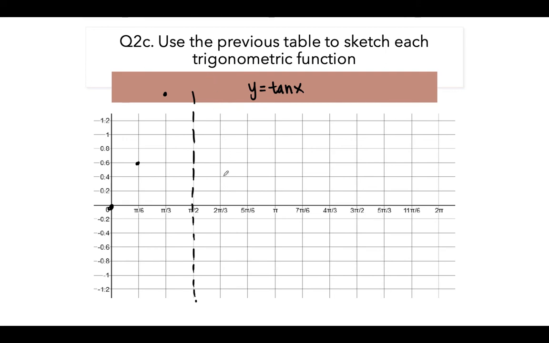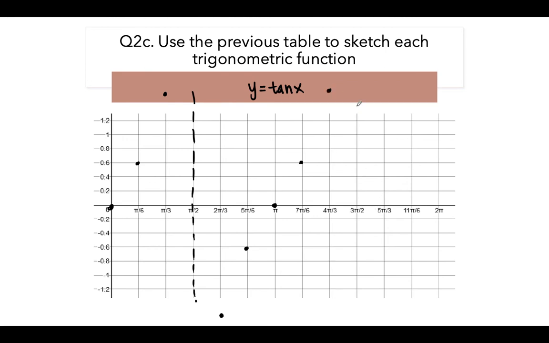And then 2 pi over 3, the output was negative 1.7, so it's like all the way here. Tangent 5 pi over 6, we got negative 0.6. And at pi, it was 0. 7 pi over 6 is 0.6. 4 pi over 3 was 1.7, so it's all the way up here.